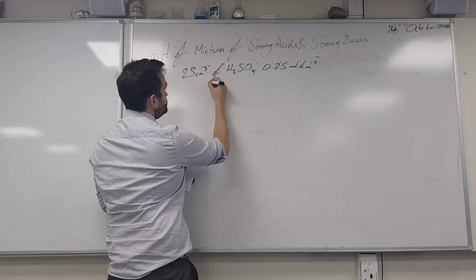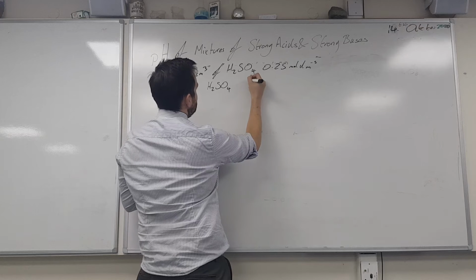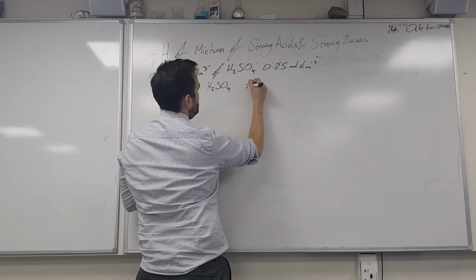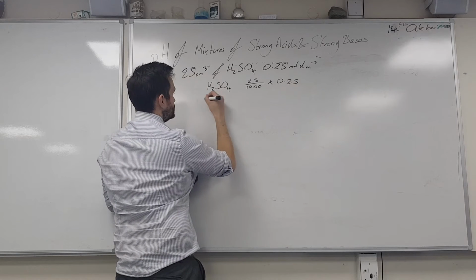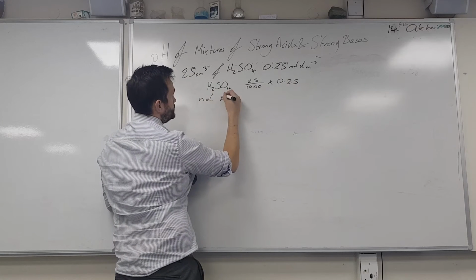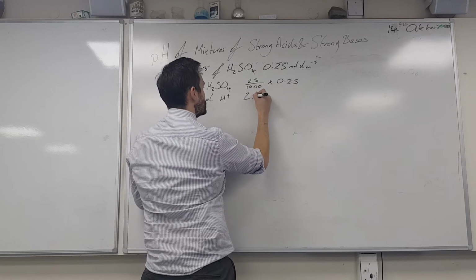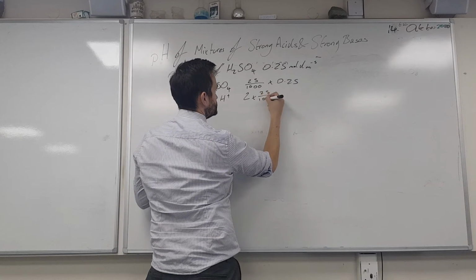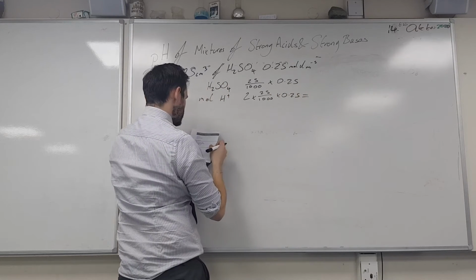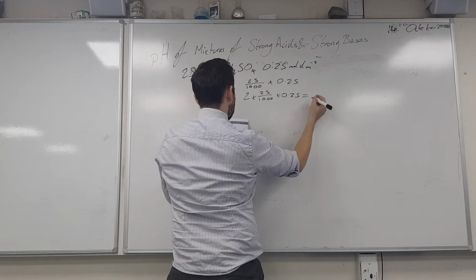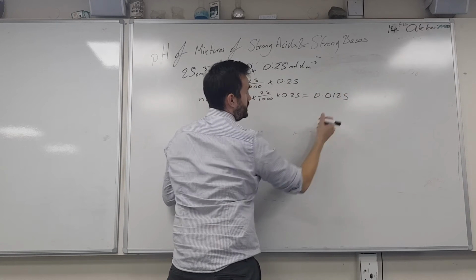To work out the moles of H plus, because it's diprotic, we do 2 times 25 over 1,000 times 0.25, which gives us 0.0125.